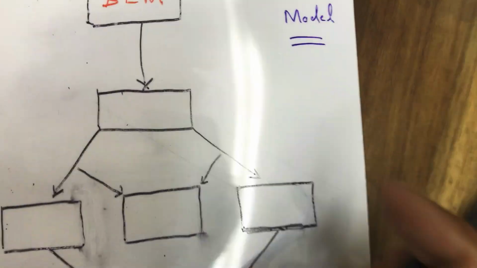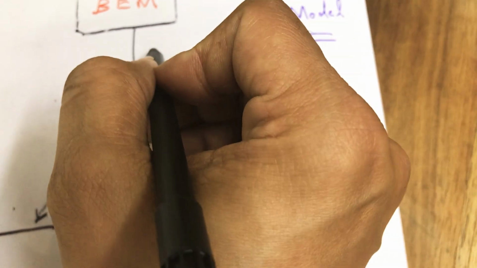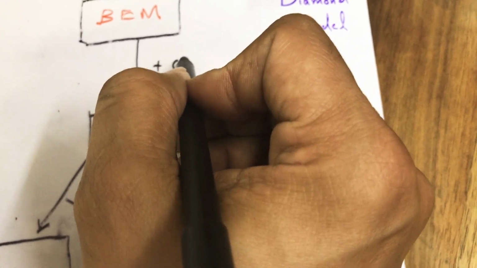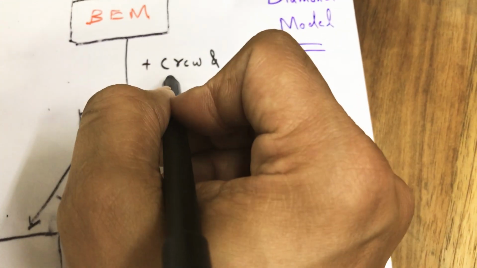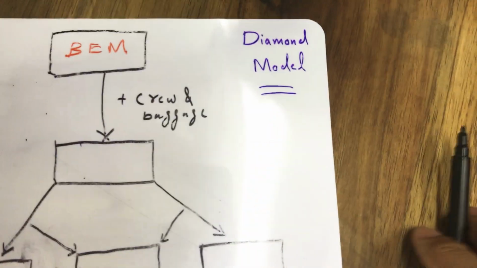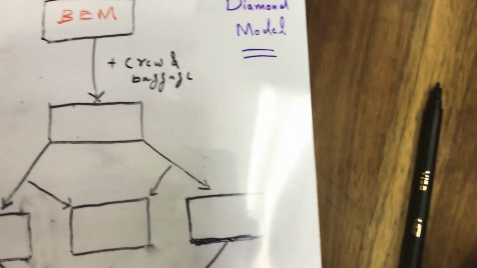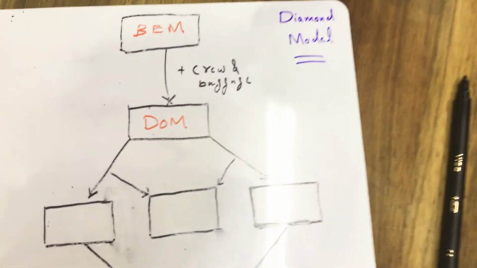With basic empty mass, if we include crew and baggage, this will give us dry operating mass.